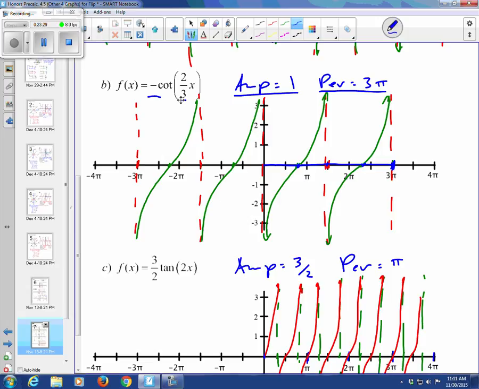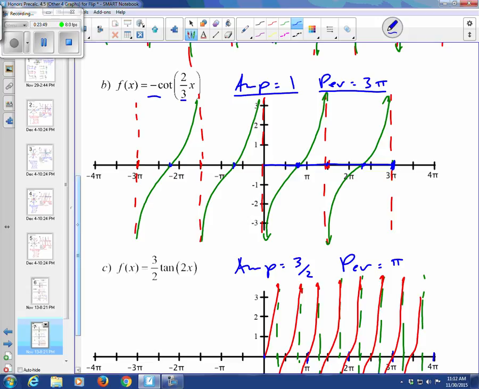So start, and then first half vertical asymptote, second half, or the finish of the period vertical asymptote. So right here with that flip, we're able to draw cotan as going from its first vertical asymptote and then increasing through the 0 at the quarter, right? And we can repeat that backwards.